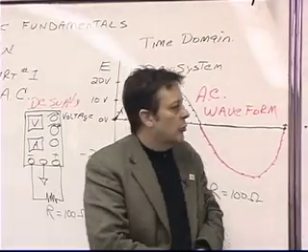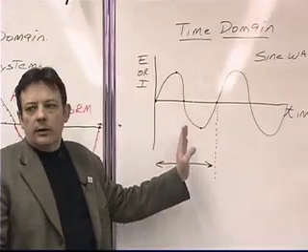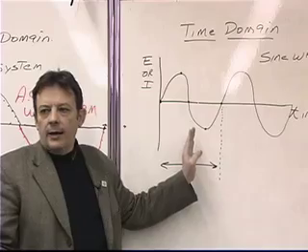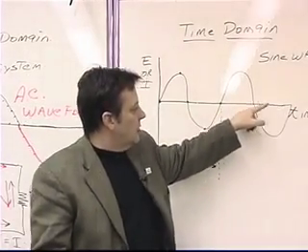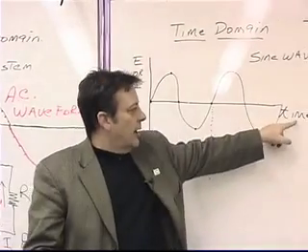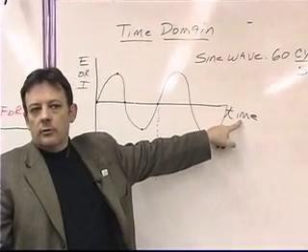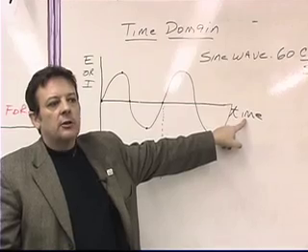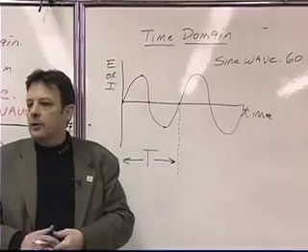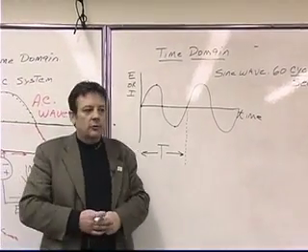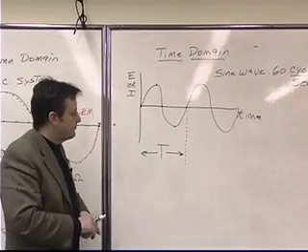They are looking directly at period. Why? Because the unit on the horizontal axis is what? No, the unit. The unit is time. Okay, in seconds or milliseconds or microseconds or some metric equivalent of seconds.